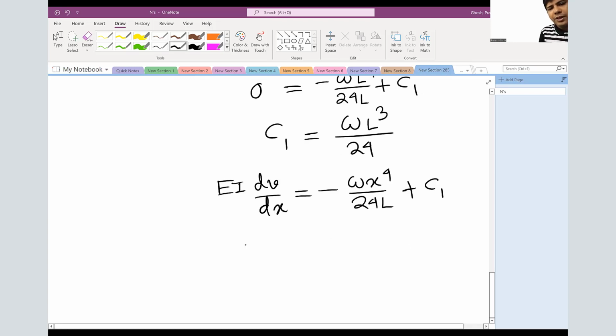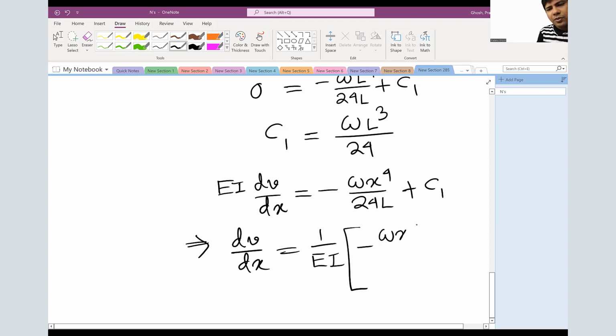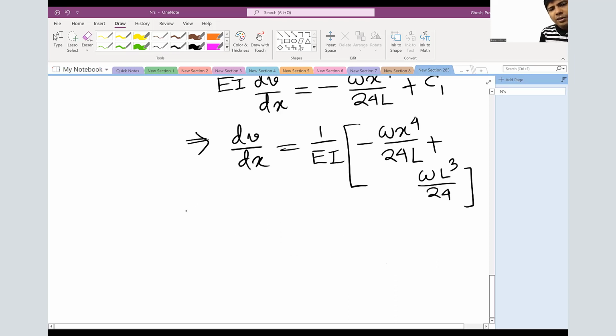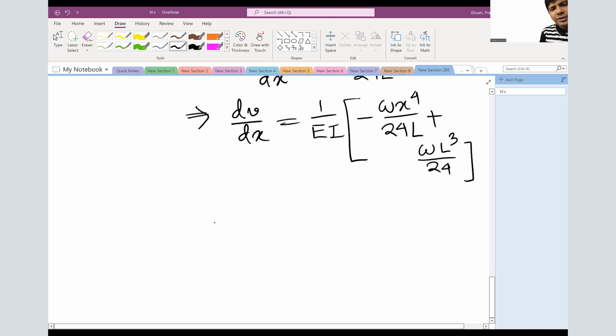So let's put the EI on the other side. dV/dx is equal to 1 over EI times negative Wx^4 over 24L plus C1. C1 is WL cube over 24. We are trying to find dV/dx at which point?